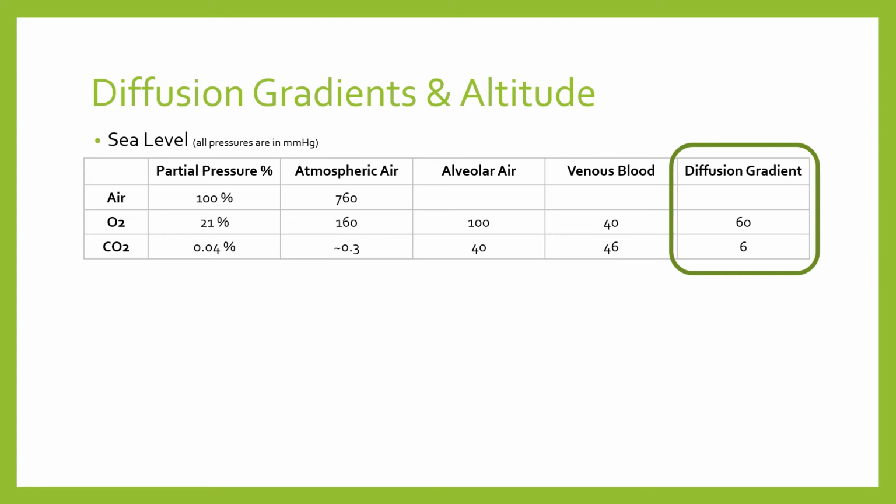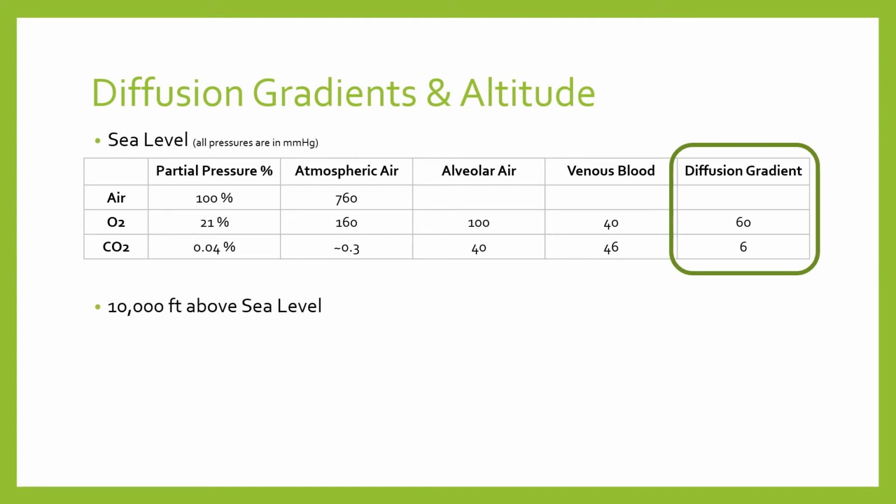That oxygen is going to flow into the venous blood, and likewise, the other way around, we've got a diffusion gradient heading in the opposite direction for carbon dioxide, whereby it's higher in the blood, so it's going to flow from the blood into the alveoli to try and level those numbers up.